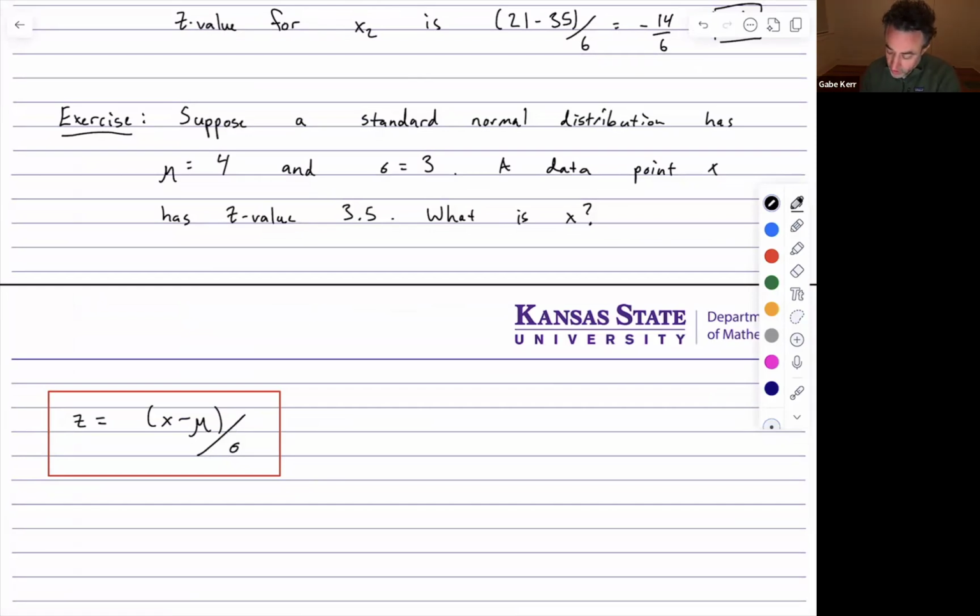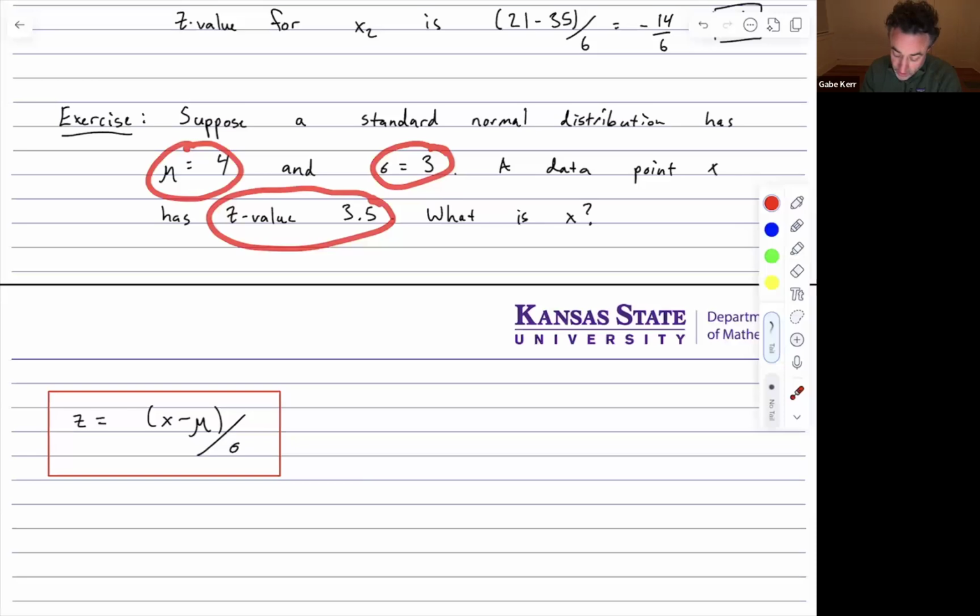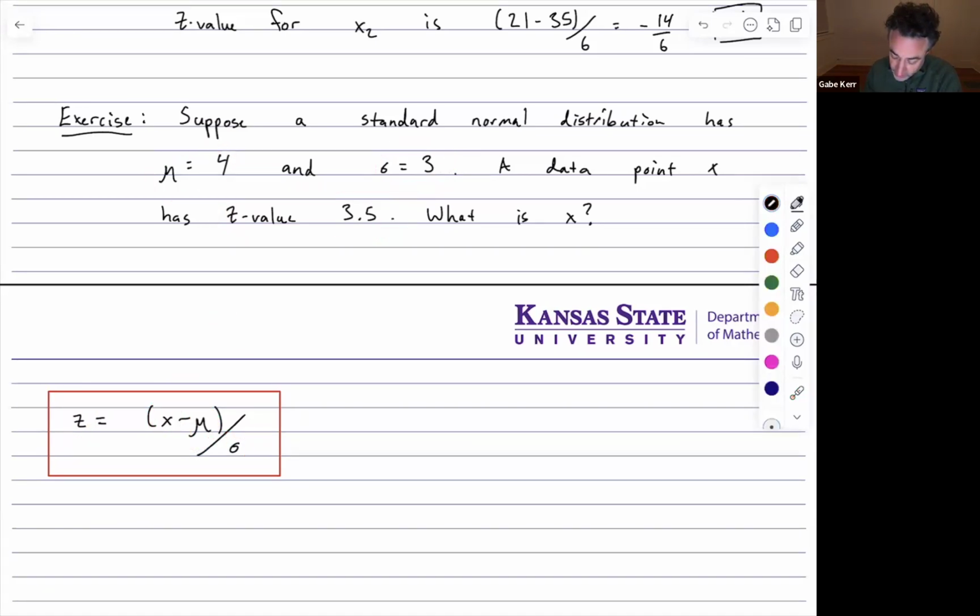What we are given is mu, sigma, and the z value. What we don't know is x. So let's just fill in everything we do know. The z value is 3.5. We don't know x, so let's just leave it as x. We do know mu, so we put in mu. And we do know sigma, so we put in sigma.